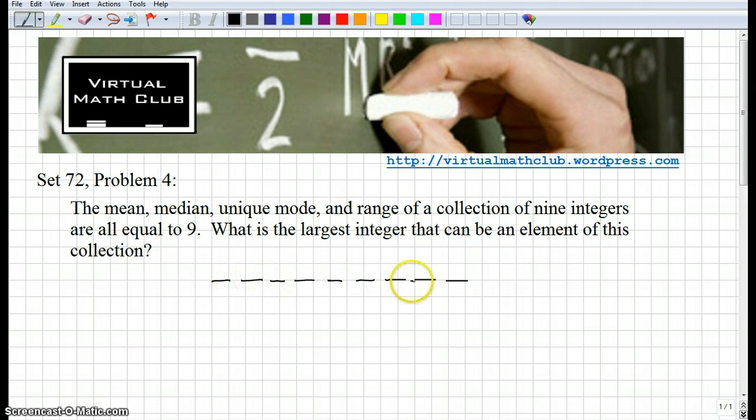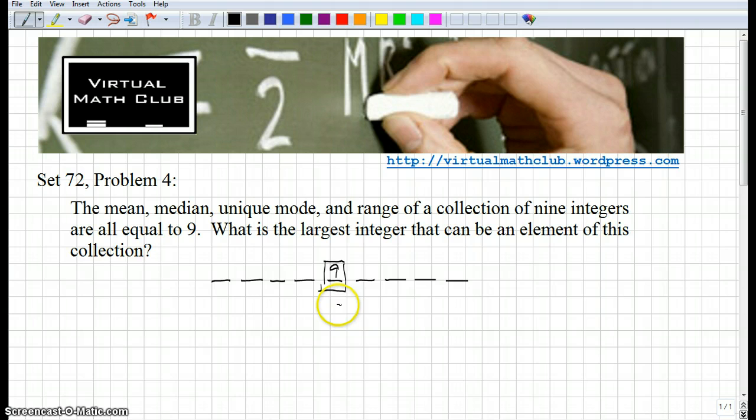And if I have them ordered from smallest to largest, then the middle one is going to be the median, right? So this is the median, okay? And I know it's 9. And we also know that the mode is 9. That means that the value that occurs most frequently must be 9. So we have to have at least 2 9s.